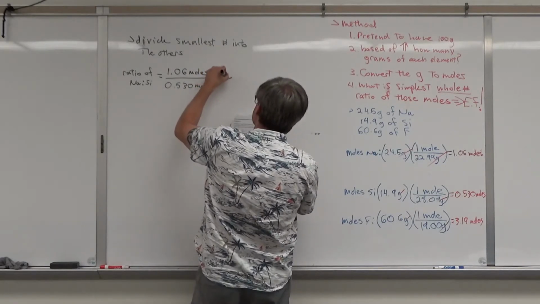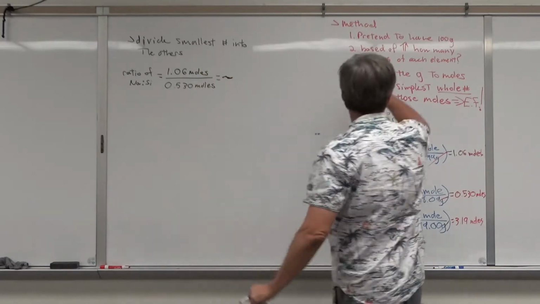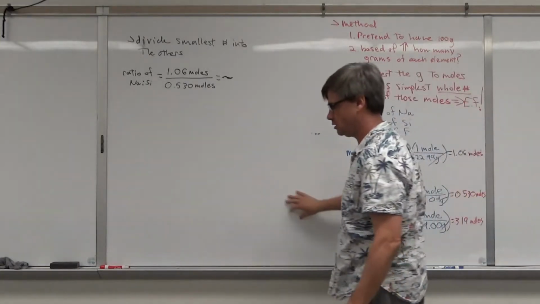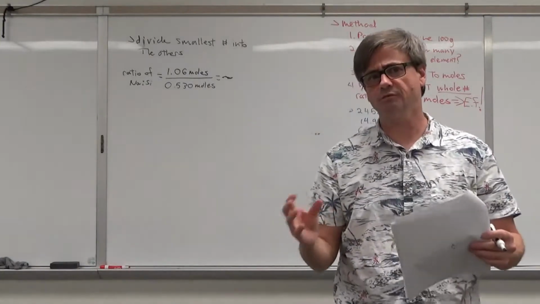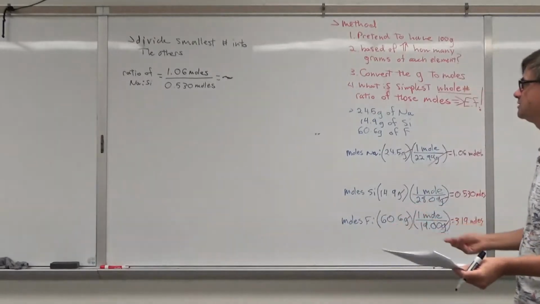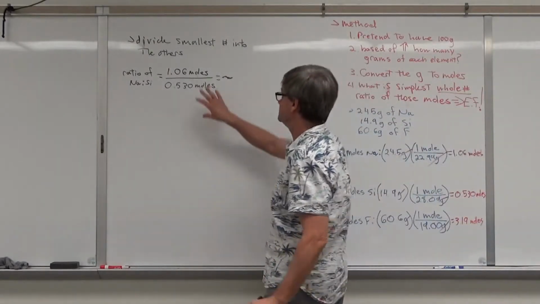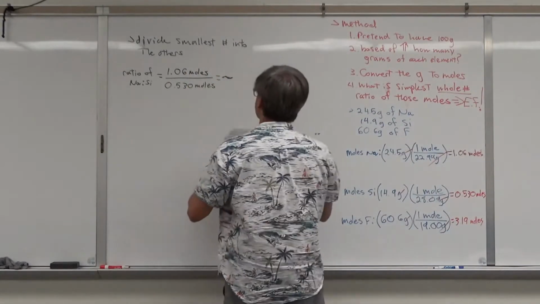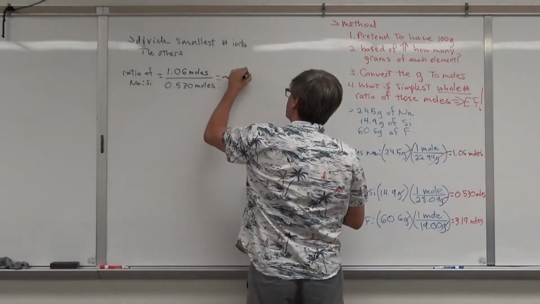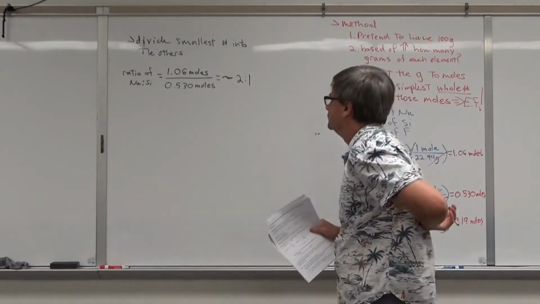There's always in these kinds of things, those original percents that were given to us in the problem, there's always a margin of error in those. They're not perfect analyses. So this isn't exactly 2 to 1, but it's close. Okay, so it's about 2 to 1.